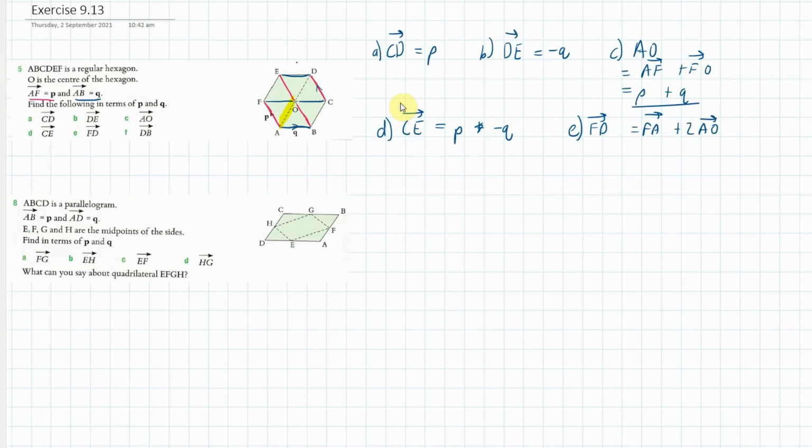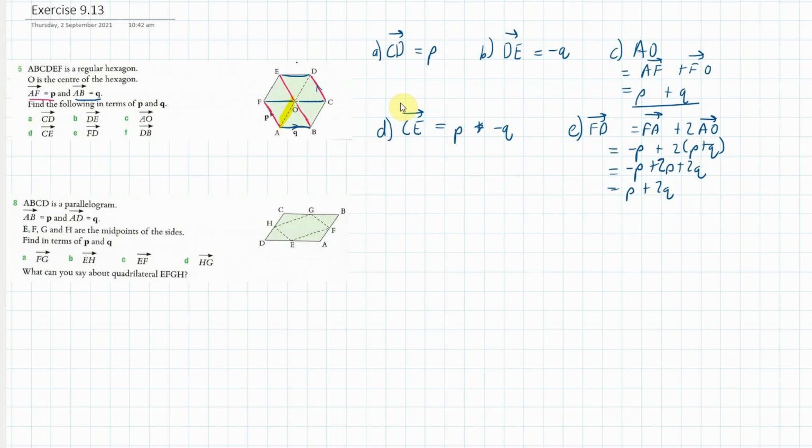We did it up here, right? So FA is equal to minus P, and then 2AO is 2 into P plus Q, which is equal to minus P plus 2P plus 2Q, and that could be simplified to P plus 2Q. Now there are other ways of doing it. There are definitely other routes. So you can look into those yourself.